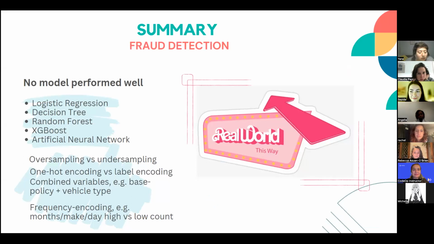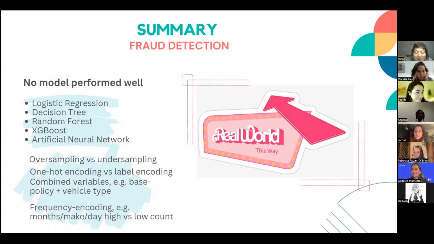We also grouped some of the features into high versus low count, that is, used frequency coding, but unfortunately didn't have a Christmas miracle Hollywood ending data science story. But we learned an important lesson about the challenges that data scientists face every day in their life.